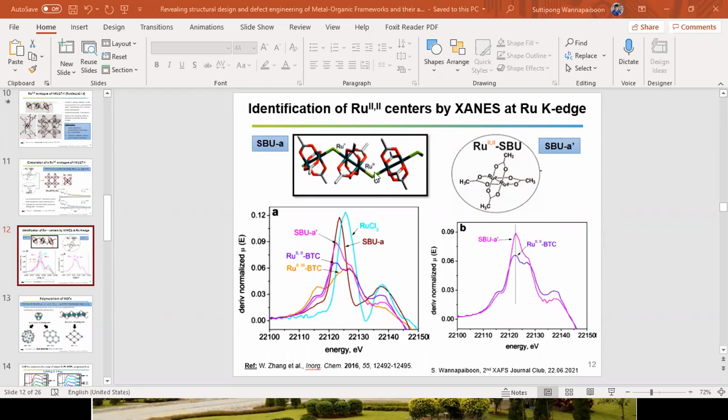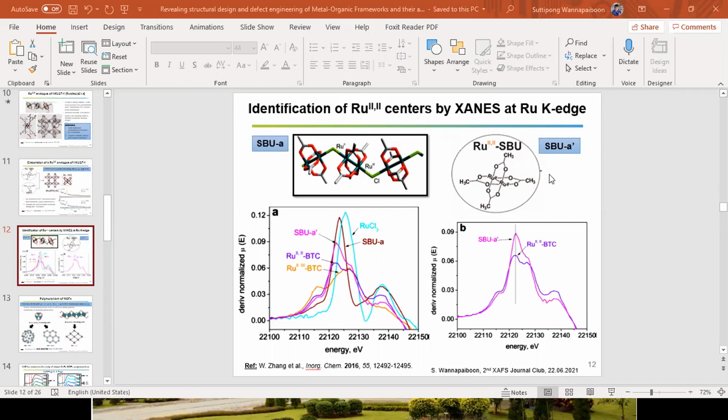If you use this one and put the ligand inside, it ends up with ruthenium 2,3, so there is still some chlorine atom left connected to the ruthenium 3. That's why what you get from SBUA is different from the orange ruthenium 2,3 case; the orange and the red one are different.